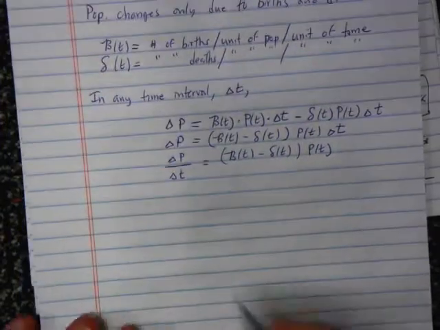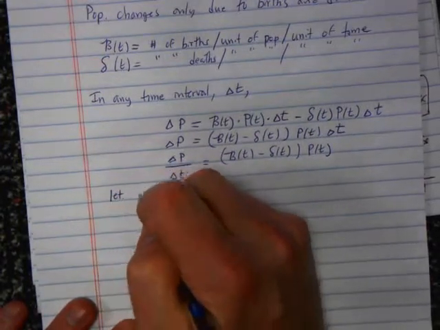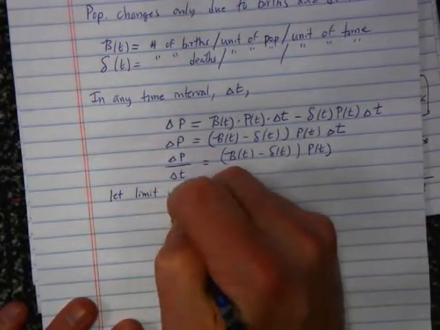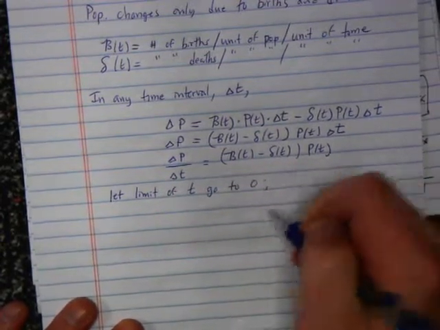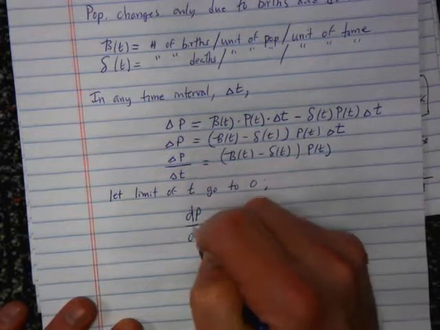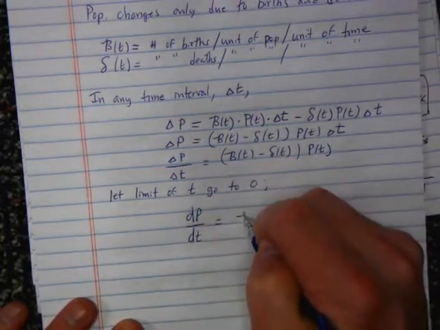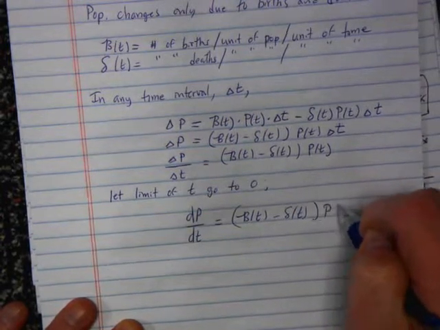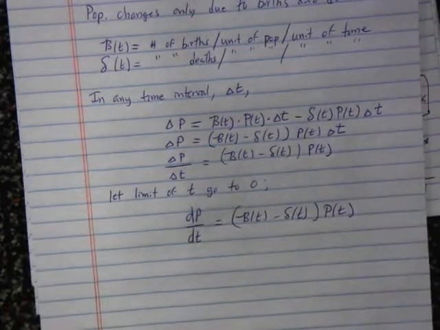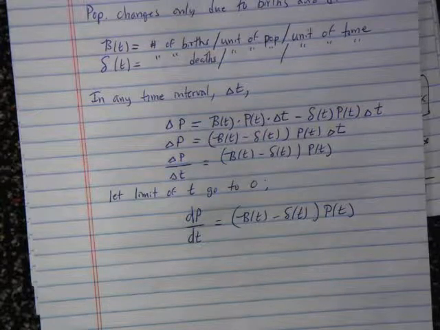If we let delta t go to 0, we get dp dt equals beta of t minus delta of t times population. We get a differential equation.